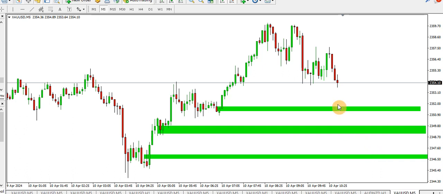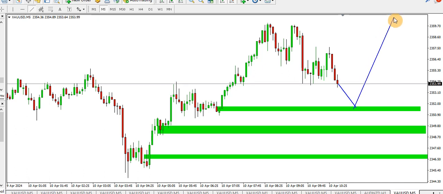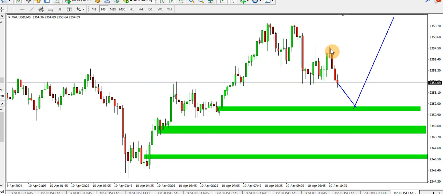So if you are selling, you might want to scalp sell, but you have to be very careful because at any point in time price might go up. This looks like a head and shoulder pattern. This is the left shoulder, this is the head, this is the right shoulder, or triple top.